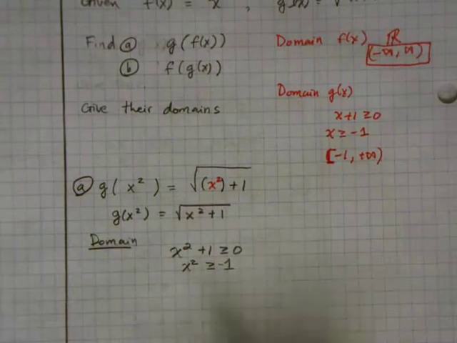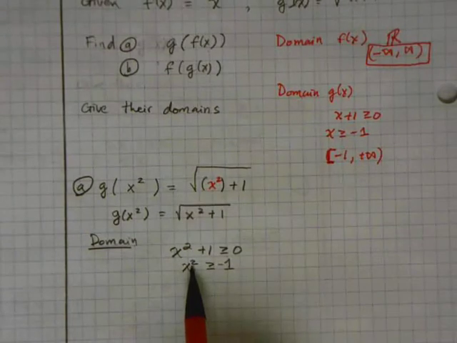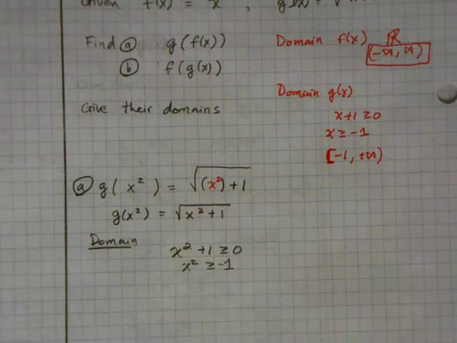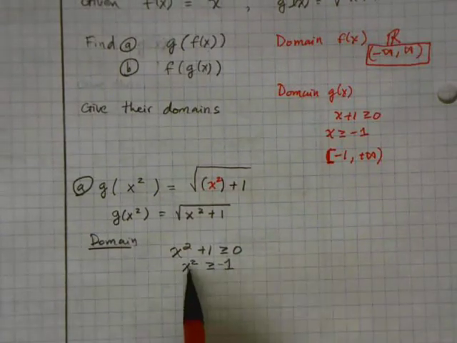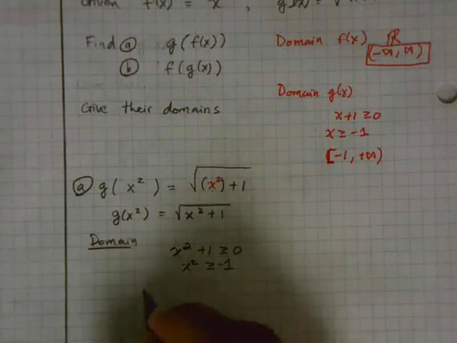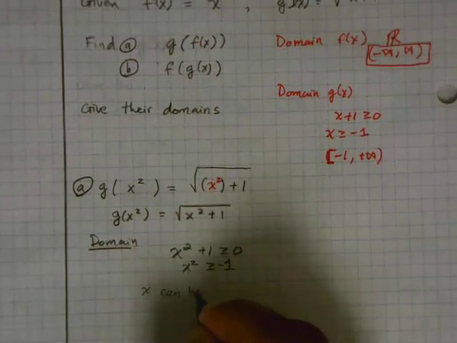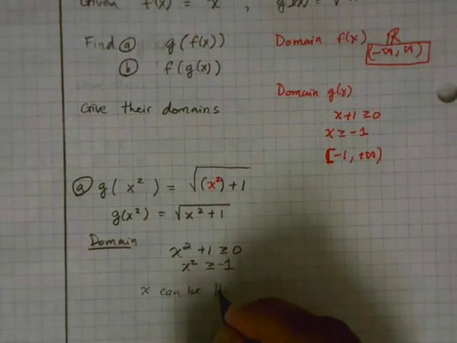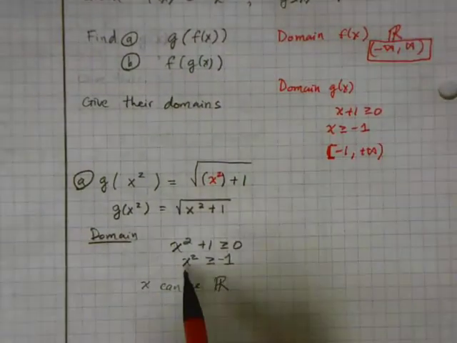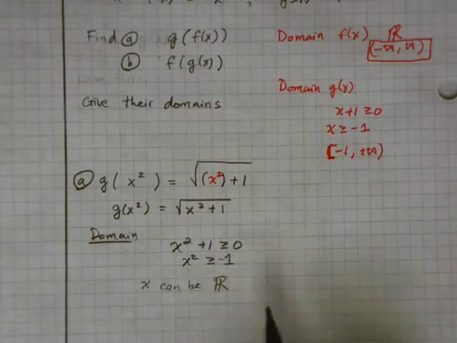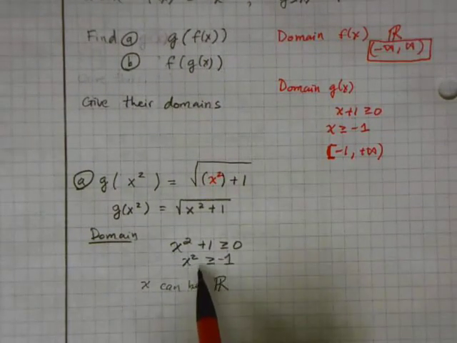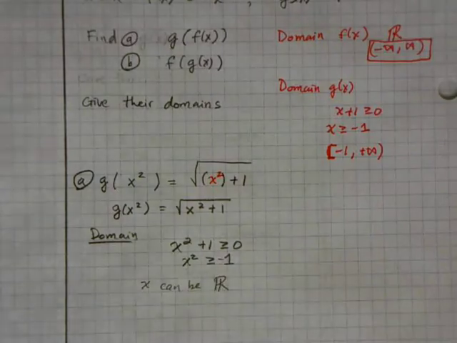Okay? And since I have the x squared here, whatever value I put in for x, it's always going to give me a positive number. So I really don't have to worry about this. X can be any values. Okay, so x can be all real numbers, okay, because no matter what I put in here for x, it's going to be positive, and any positive number is going to be greater than or equal to -1.